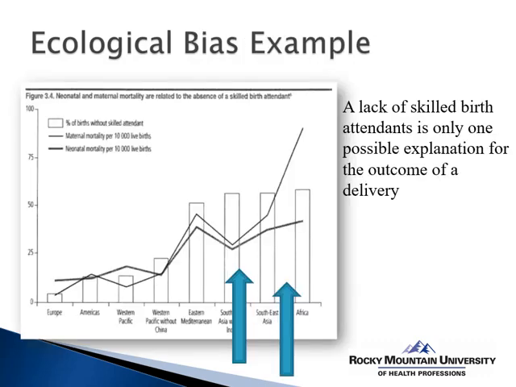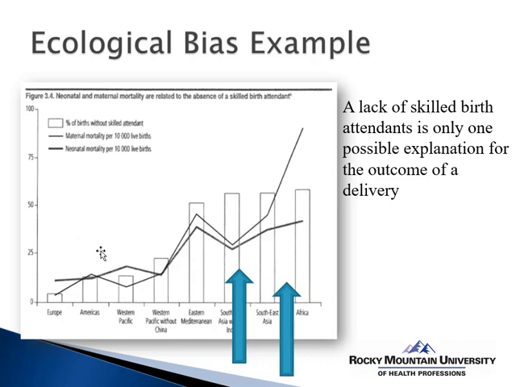So here's an example of an ecological fallacy. Let's say you were curious about the lack of skilled birth attendants as an explanation for delivery outcomes. If we look over here on this side, Europe, the Americas, Western Pacific without China, we see the percentage of births without skilled attendants.